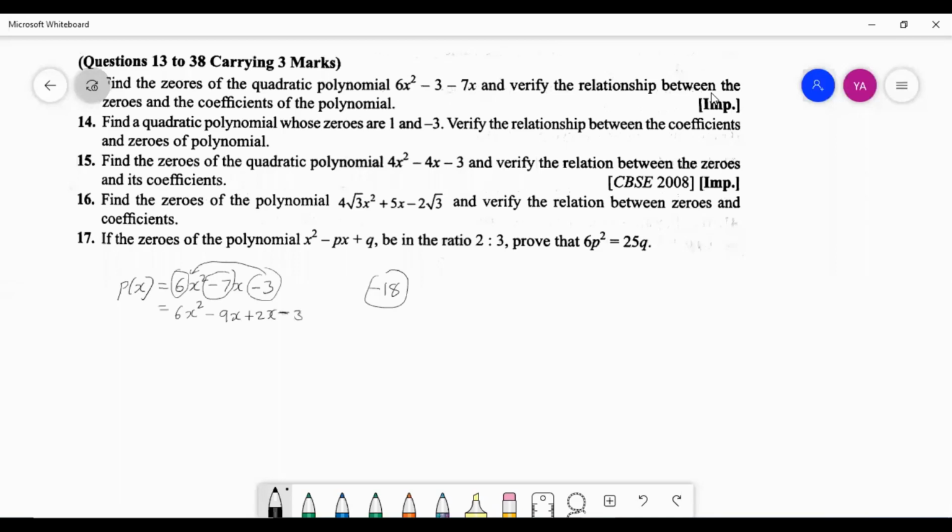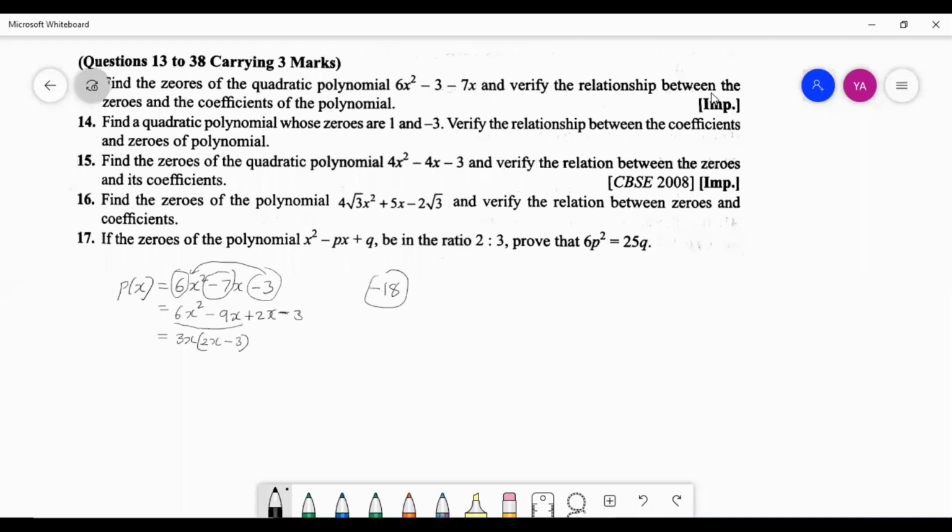Next step, you want to take something common outside the bracket. From the first two terms, what can we take outside the bracket? 3x. Inside the bracket what will remain? 2x minus 3.